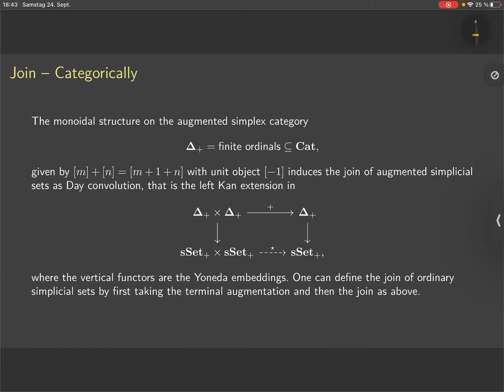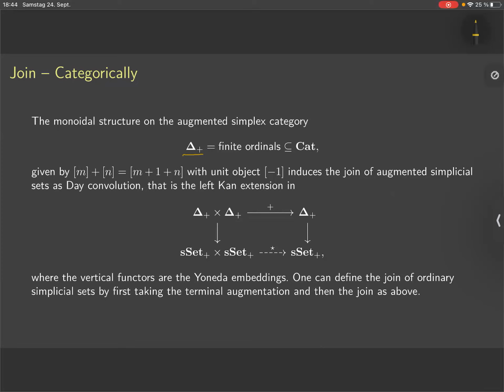It is a monoidal structure on the augmented simplex category in this version here. So we have delta plus. This shall be the finite ordinals, as well as the empty ordinal, so 0, considered always as posets and as categories.